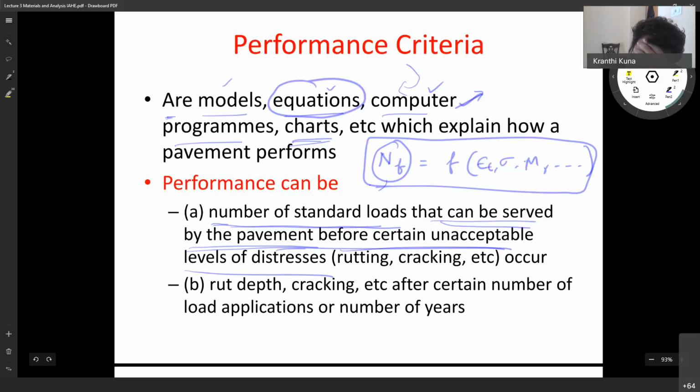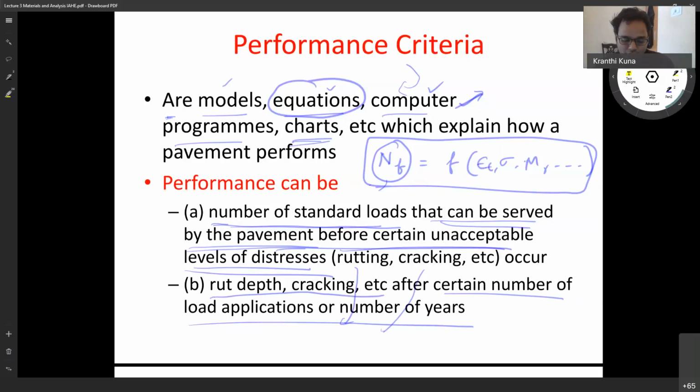This unacceptable level of distress, we said rutting 20 mm for India, cracking 20%. Or in some performance models, they may have some performance criteria after a certain number of load applications or number of years.